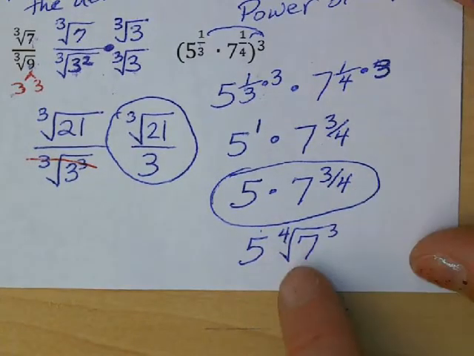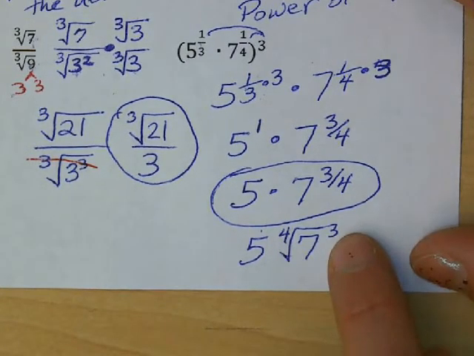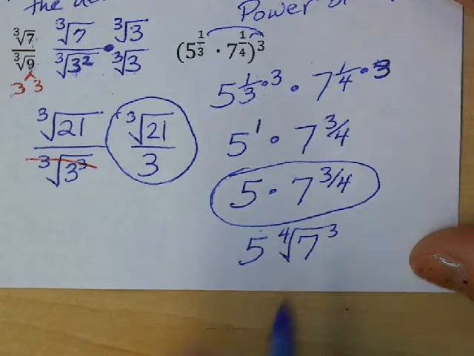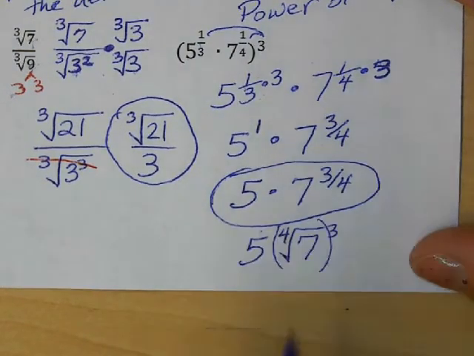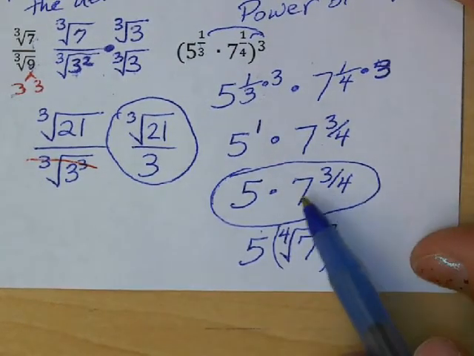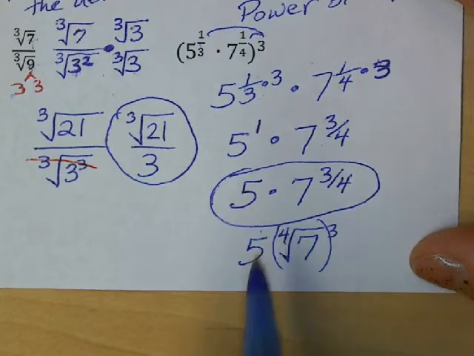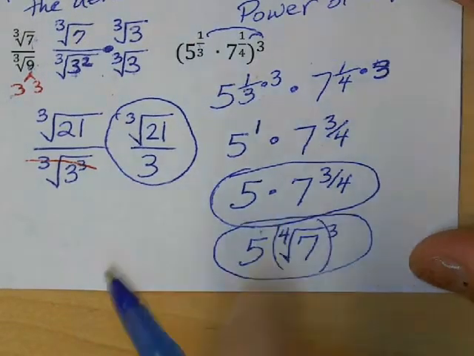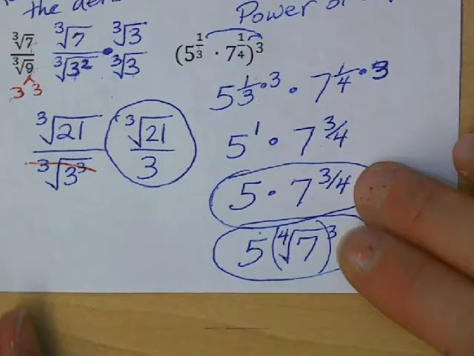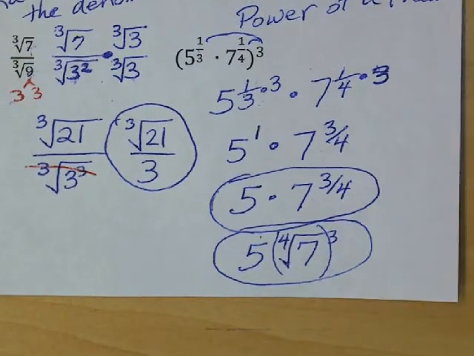The 4 would go outside the box, the 3 out here. You could write it like that. Either answer's fine. I like that it's simpler a little bit. This is another step. Both of those answers are fine. They're the same. They mean the same thing.